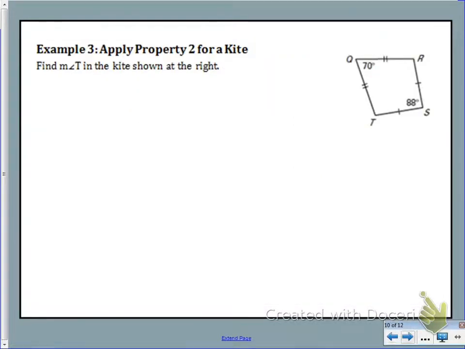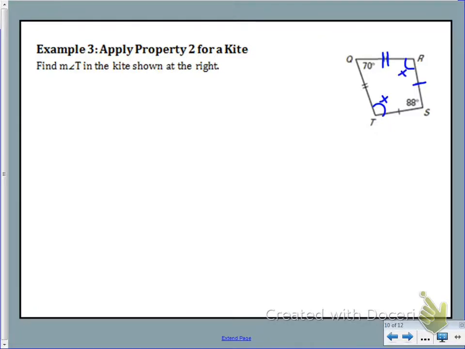All right, example 3 says find angle T in the kite shown at the right. Well, if we look here, here's my 2 non-equal sides. So that's going to mean that angle R, the angle between those non-equal sides, is congruent to its opposite angle. So at first you might be thinking, well, I only know 2 angles of my quadrilateral. I can't find this. But I actually can, because those 2 angles have the same measure.